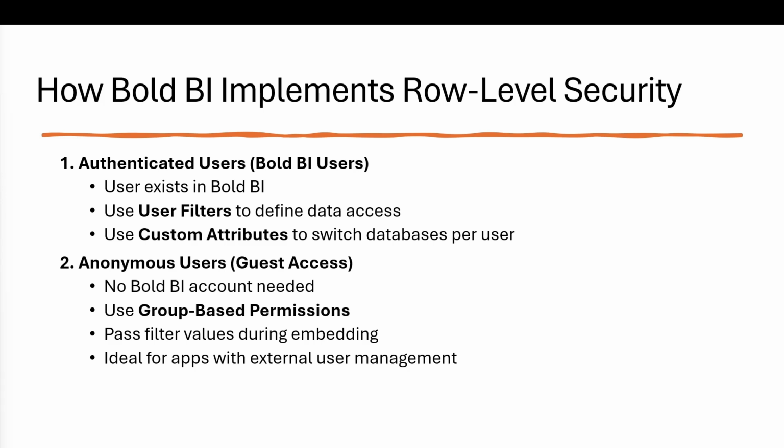Then we need to configure row-level security in the data source design page, where we have to define who sees what based on the column values in the table. Next, to switch between databases, say for tenant-specific data access, we have to define custom attributes at the user level. So Bold BI will use this attribute to dynamically connect to the right database when the user logs in.